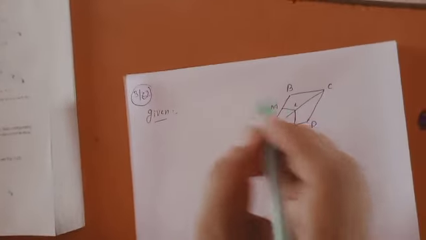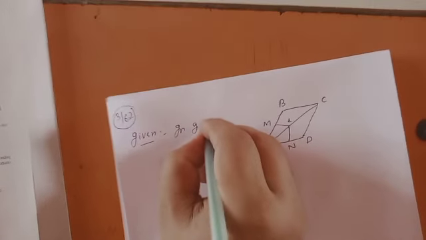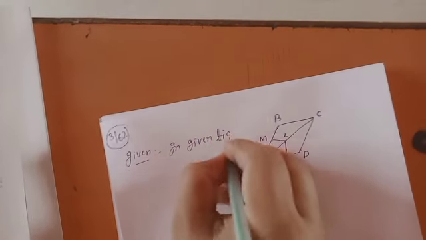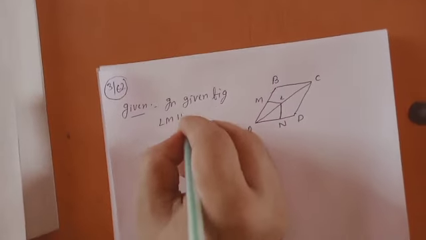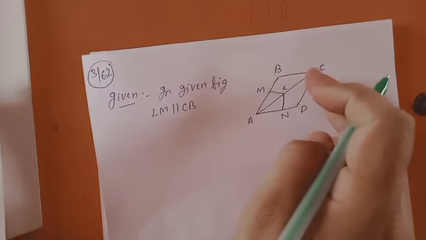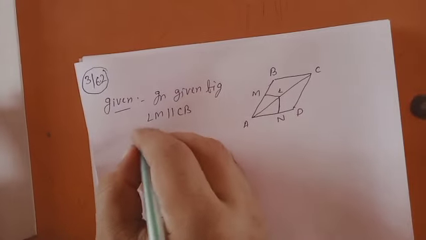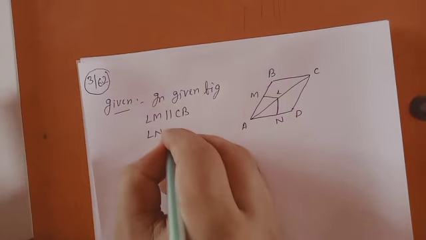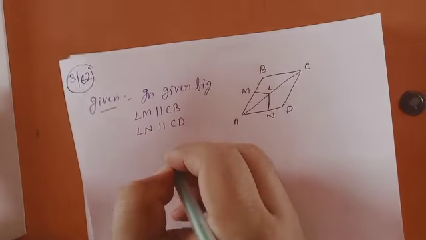In the given figure, what's given? LM is parallel to CB, and LN is parallel to CB.